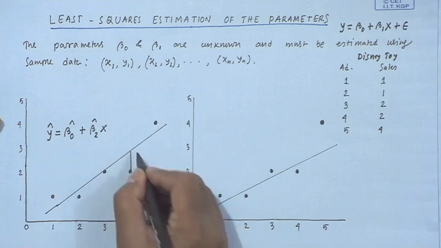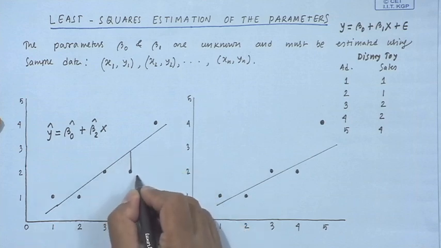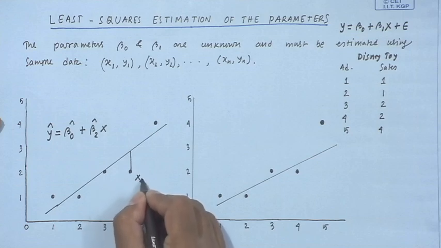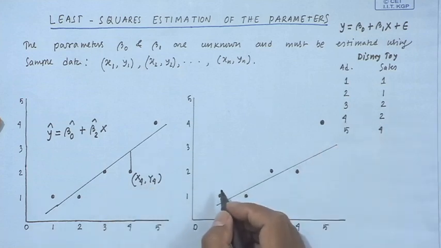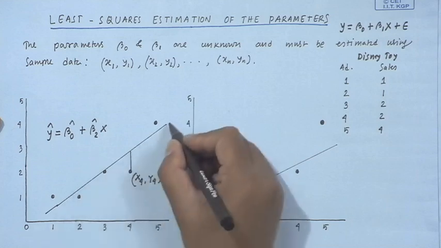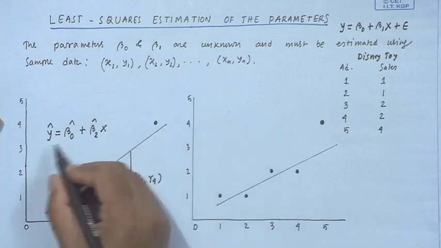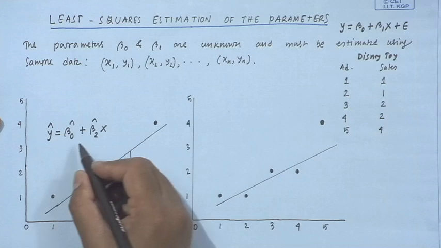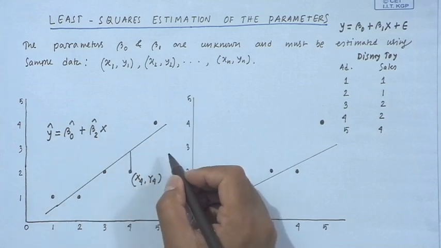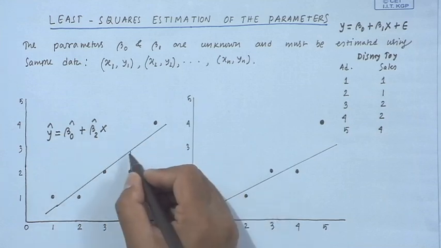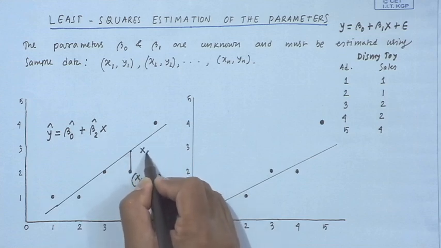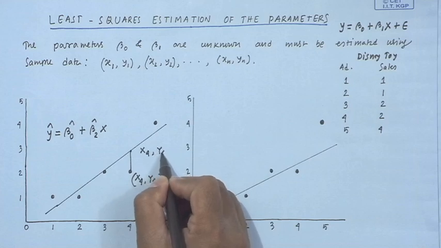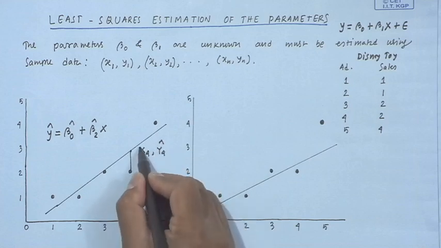So, for the fourth observation, this is x 4, y 4, and suppose this is the fitted line, y hat equal to beta naught hat plus beta 1 hat x, and then this point is nothing but x 4, y 4 hat.